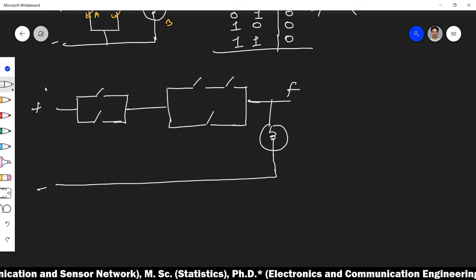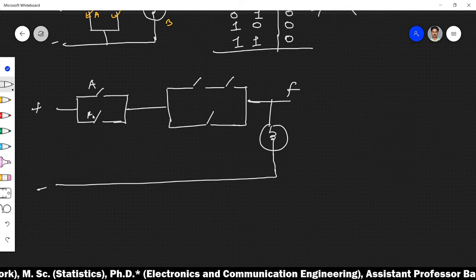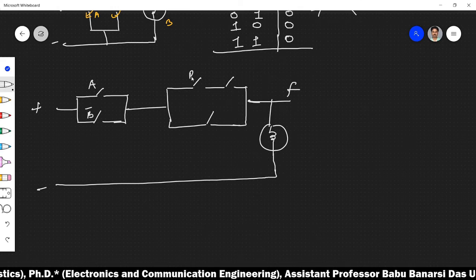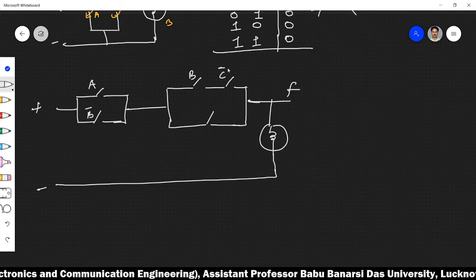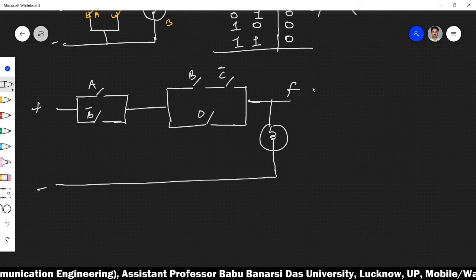Okay. So let me write the switches: this is A, this is B bar, this is B, this is C bar, and this is D. Just follow the previous convention.